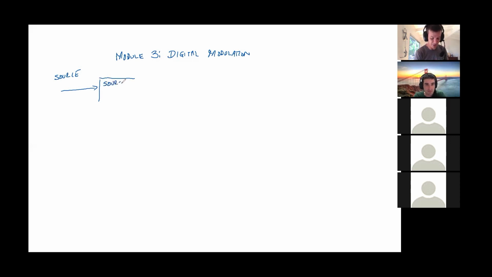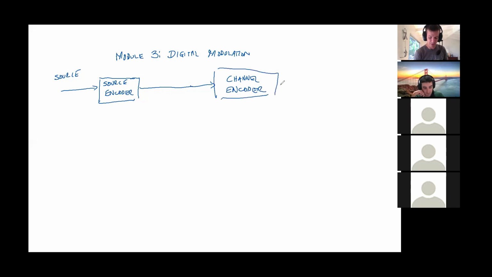So the unoriginally named source encoder, and what comes out of the source encoder then can get passed into what is reasonably called the channel encoder. And this is then what is transmitted.